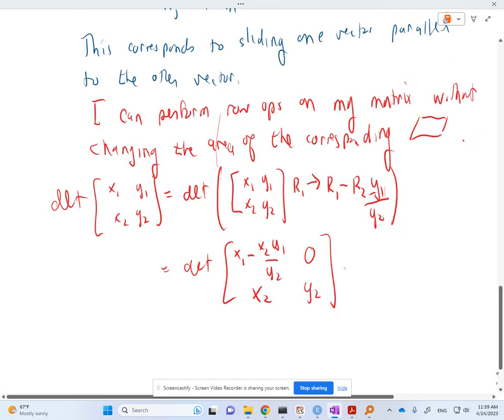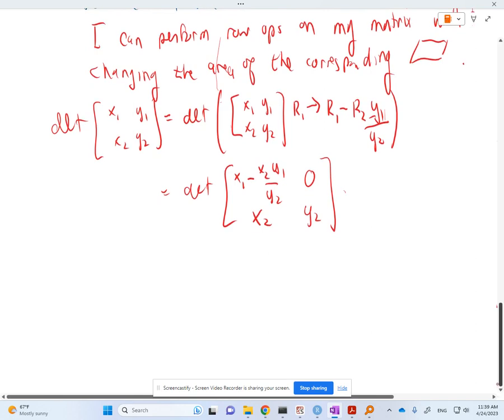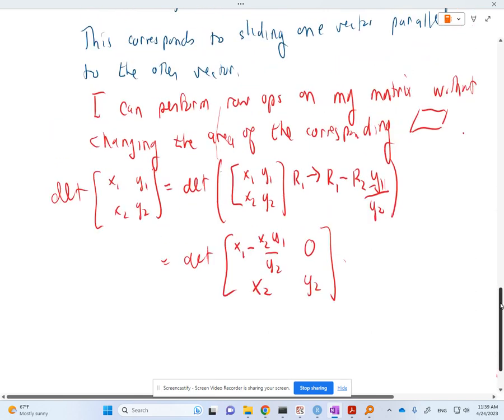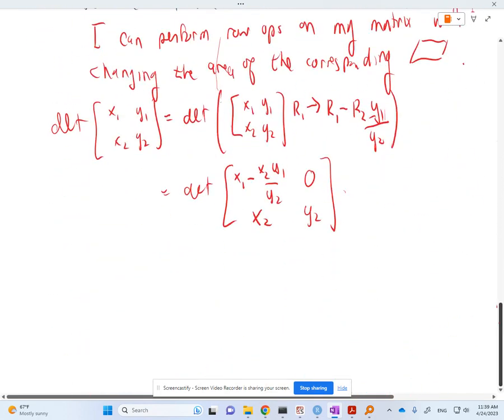Now, if I look at what the two vectors here are, what are they? Well, I still have my x2, y2, which in this case looks kind of like that. But what about this one? This one has no y component. It's pointing along the x-axis. So this is x1 minus x2 y1 over y2. It's just this much. Now, what's the height here? The height here is y2, right?